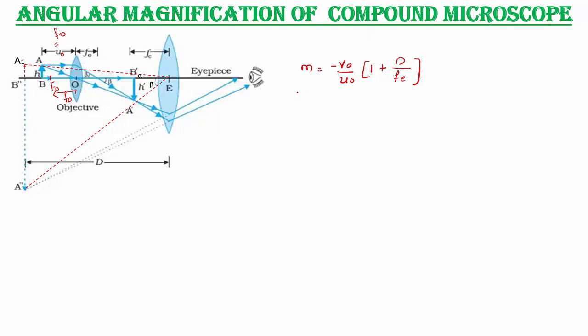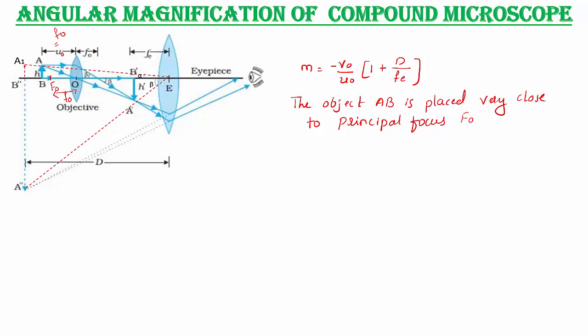See here, the object AB is placed very close to principal focus F0.